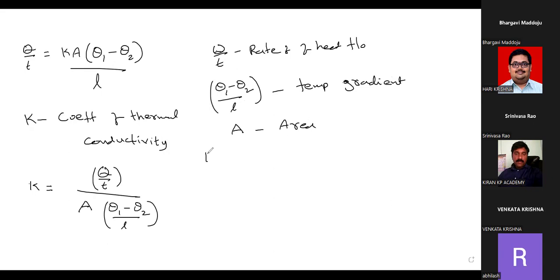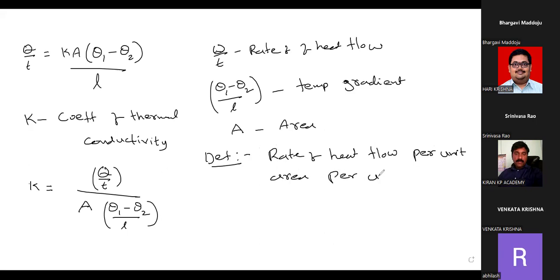Now we can define this as follows. The definition of K can be written as: rate of heat flow per unit area per unit temperature gradient.